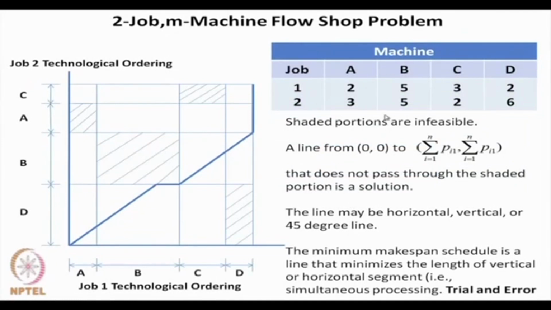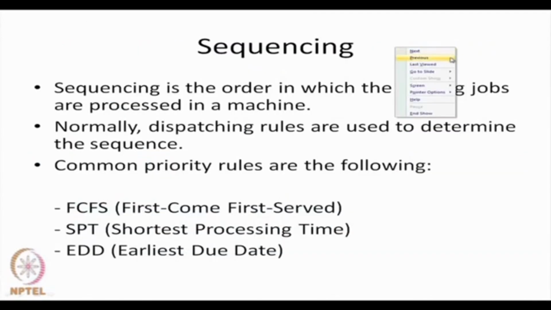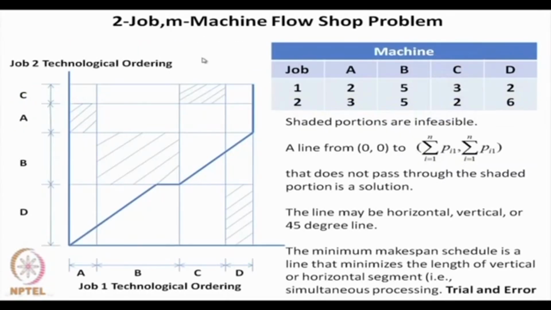Now, we shall consider a problem that we are calling the 2 job M machine flow shop problem. Flow shop basically means that the sequence is the same.